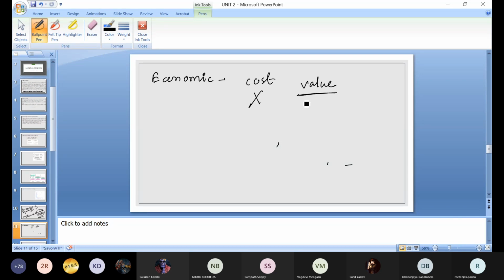Here is an example. In the market we have different mobile phones, right? For example, consider we have a Karbonn phone and a Samsung. Samsung is costlier, right?